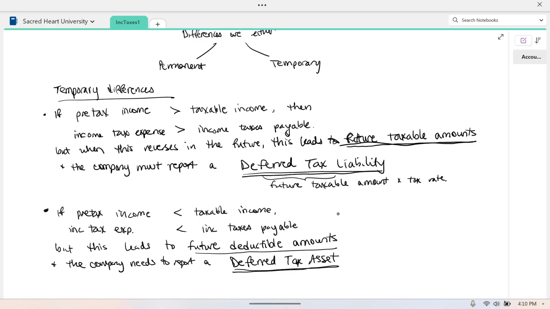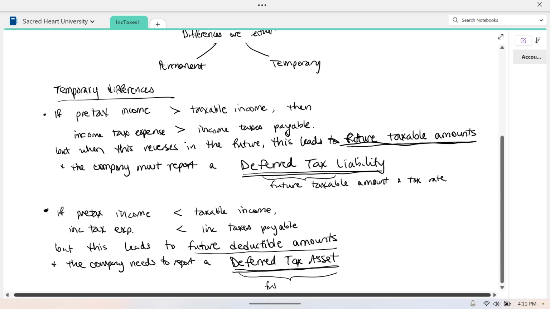Our future taxes are going to be lower than what we're seeing on the income statement right now. And the deferred tax asset is simply your future deductible amounts multiplied by the tax rate that we estimate is going to be in effect when those future deductible amounts are reversed.